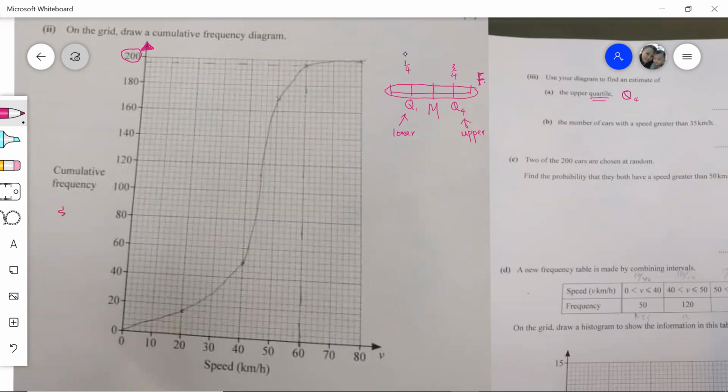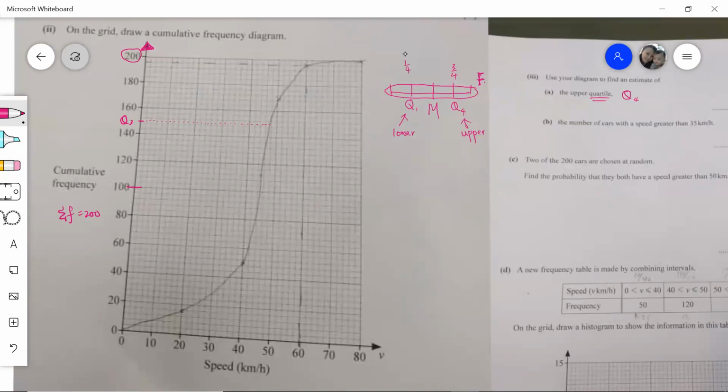That means your total frequency is 200. Therefore, if we want to find the upper quartile, we first halve to get the median. Then for the second half, from 100 to 200, half of it will be 150, which is here. This is our third quartile, all right? And therefore, just draw the line on the graph paper.